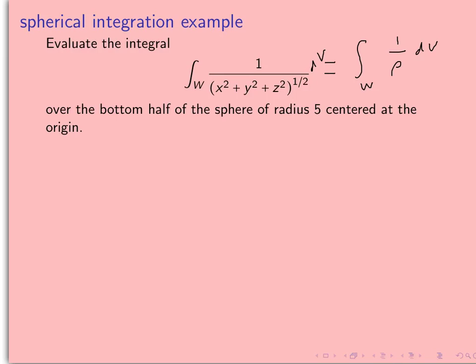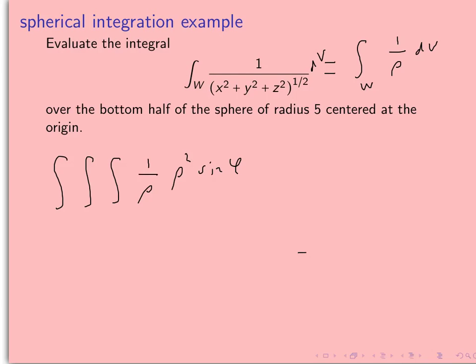The issue here is simply to determine what the limits of integration are. Then we're going to integrate 1 over rho dV. Remember, dV had a rho squared sine phi piece in there, so I'm going to put that in before I forget. Now let's think about what this region W is.